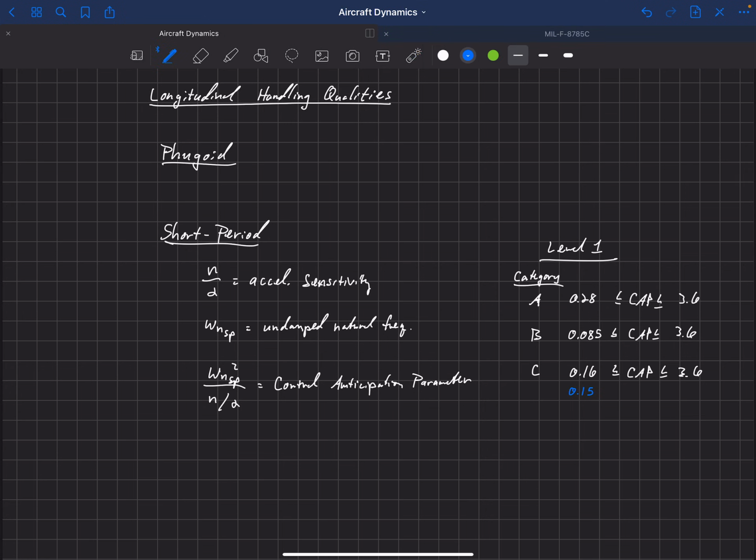Now let's go to level 2. To have level 2 handling qualities, again, this depends on the category. For A, you need to be between 0.016 and 10.